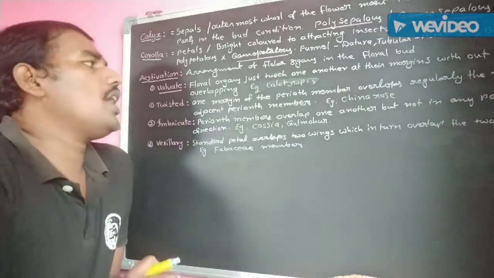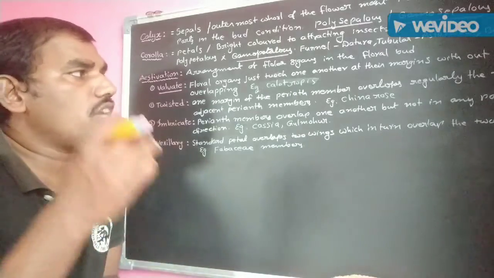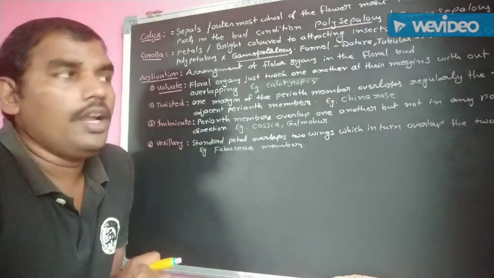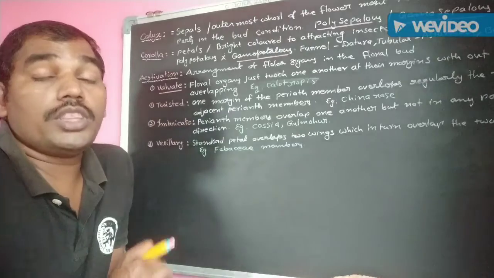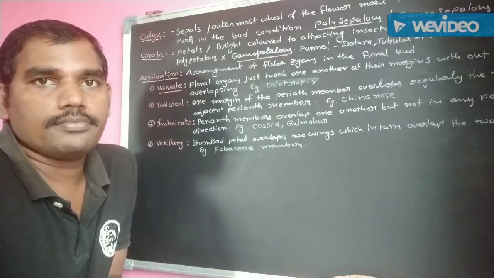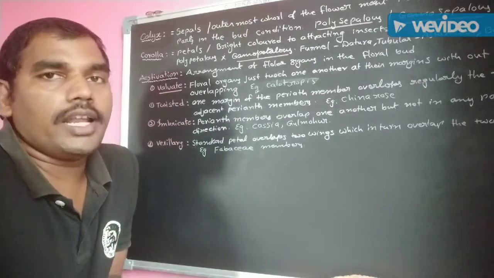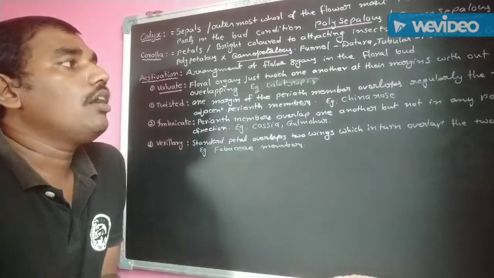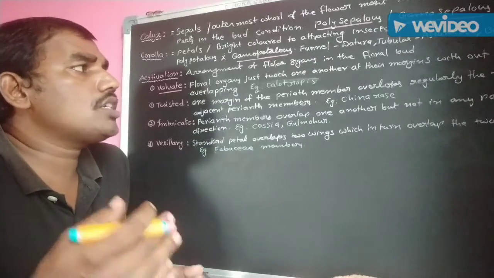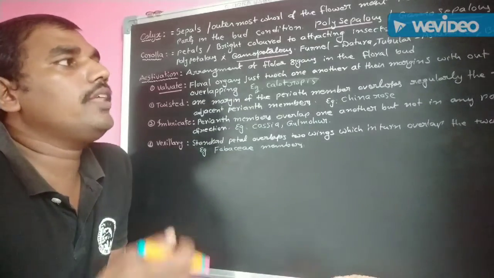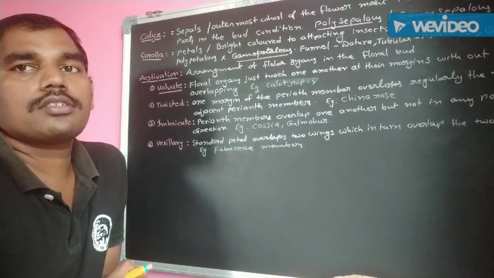In this valvate aestivation, floral organs just touch one another at their margins without any overlapping. Okay, without any overlapping, floral parts are fused or just touch one another at their margins.